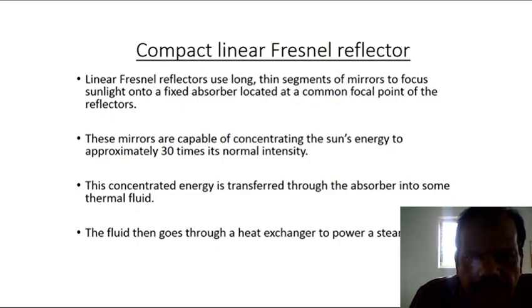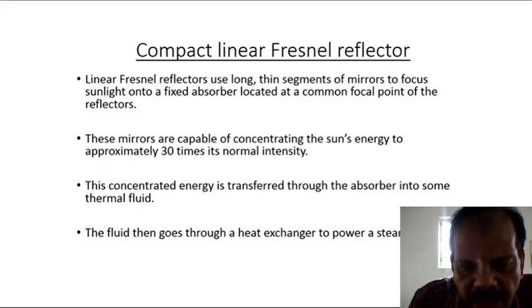This concentrated energy is transferred through the absorber into some thermal fluid. The fluid then goes through the heat exchanger to produce steam if the working medium is water. The steam again goes to the steam generator for generating the electricity.